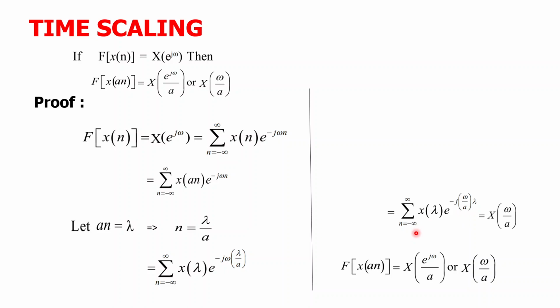So how it looks like: x of lambda e power minus j omega lambda. In place of omega, we are having omega by a. So now the frequency will become x of omega by a. So if it is multiplied by a units in the time domain, it is divided by a units in the frequency domain. This is about time scaling property.